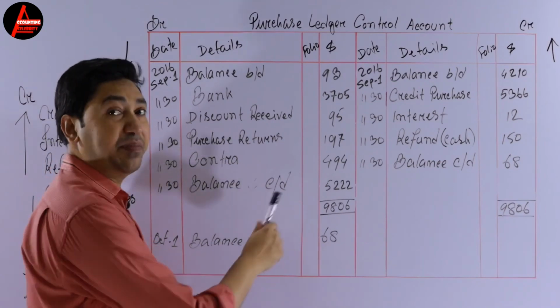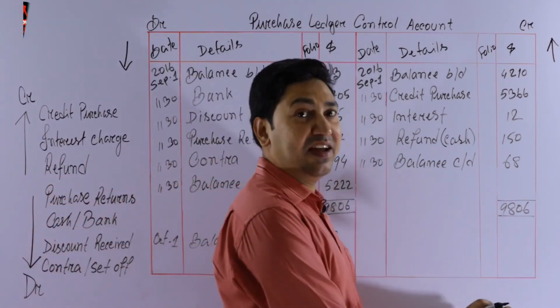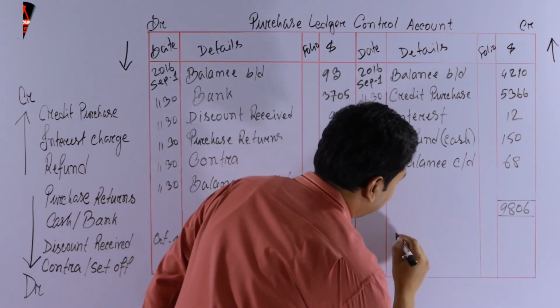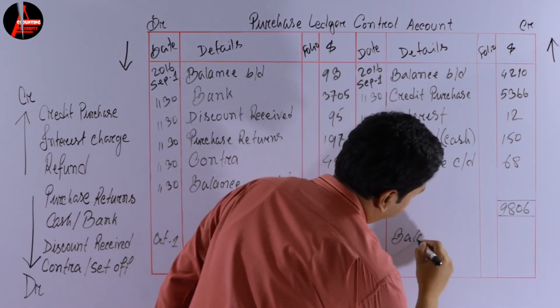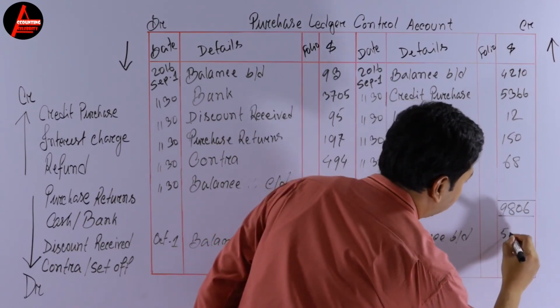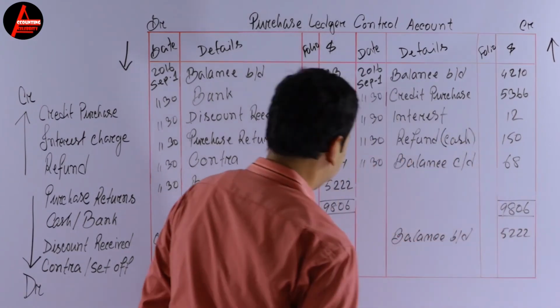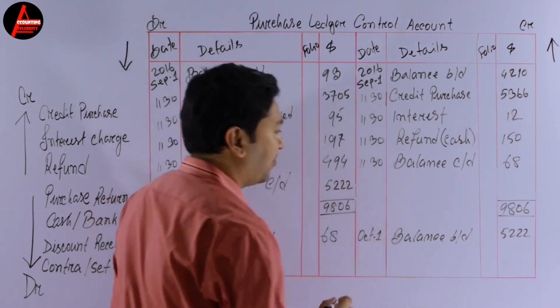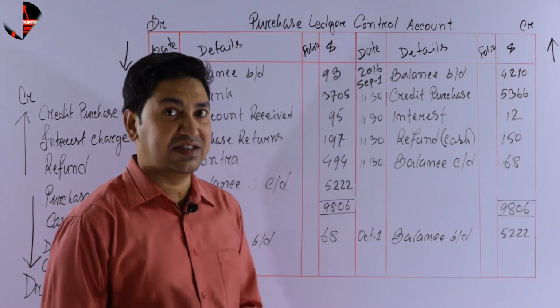Okay, and this balance CD will be here in the opposite side, balance BD. So let us write here balance BD 5,222. Okay, date will be here October 1st. This is very easy, yeah.